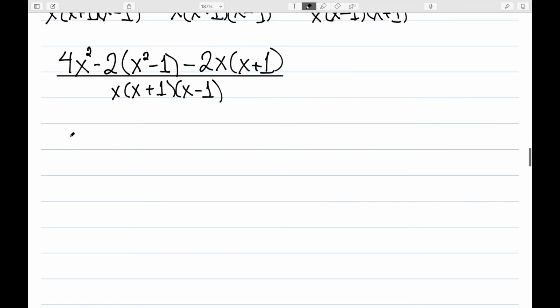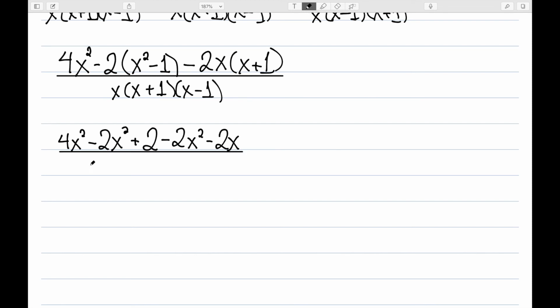From there, we can go ahead and continue multiplying out this numerator. We have 4x squared. I have negative 2 times x squared to get minus 2x squared. Minus 2 times minus 1 is plus 2. Minus 2x times x would be minus 2x squared. And minus 2x times 1 is minus 2x.